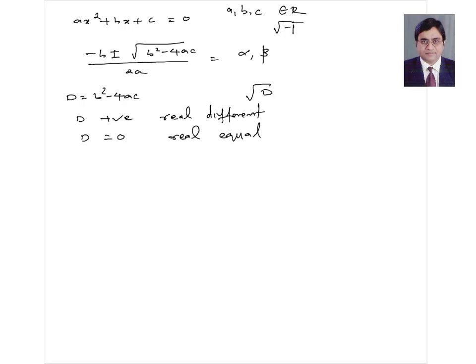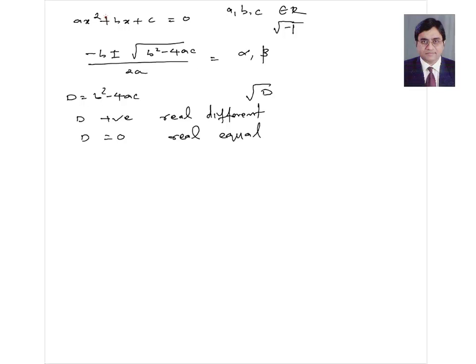Note that we are still saying that there are two roots. The basic rule is that if you have a quadratic degree 2, then you should have two roots. If you have 3 degree, you should have 3 roots. If you have 4th degree polynomial, you should have 4 roots. Some roots can be real, some roots can be non-real. So because it is quadratic, we are saying two roots.